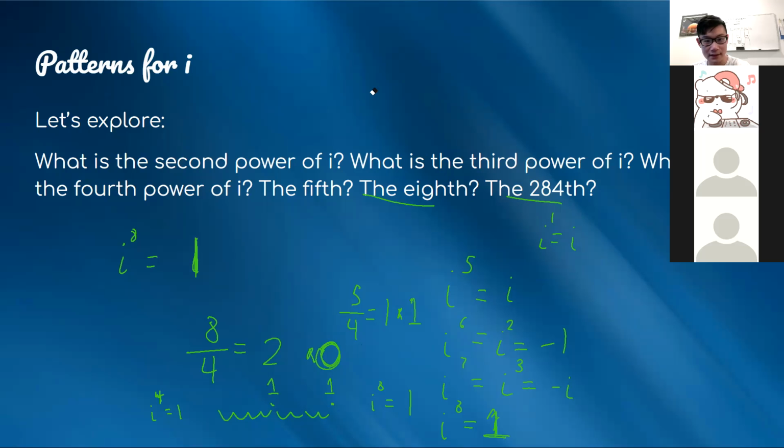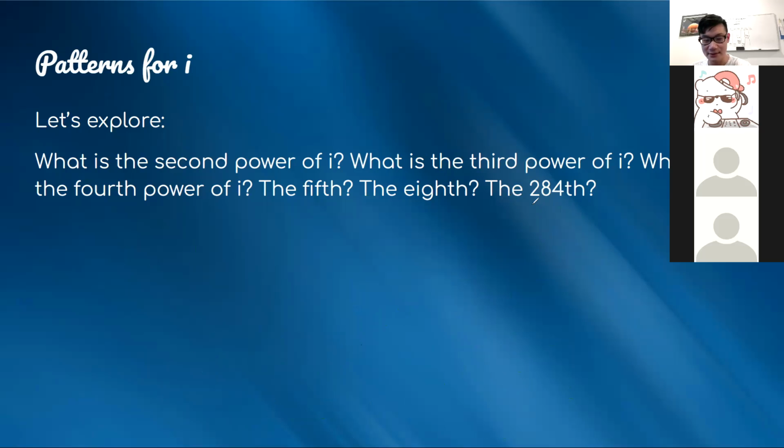Okay, perfect. So we're going to move on to this one, 284th power. Now, this seems like a huge number, and if we didn't know the technique, this would take forever for us to solve. But we do know the technique, and that is just dividing this exponent by 4, because every time it hits 4, all we get is a repeat. So if we divide this by 4, we can just do some long division.